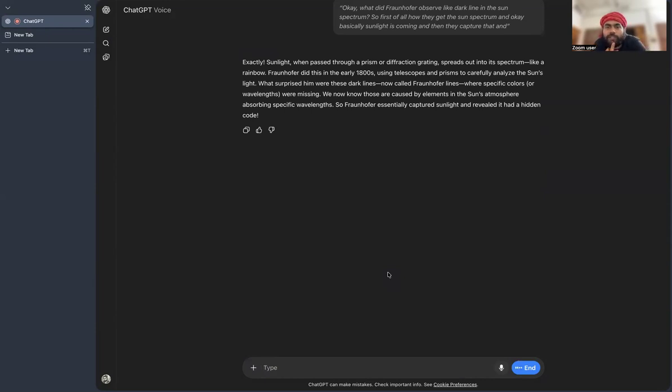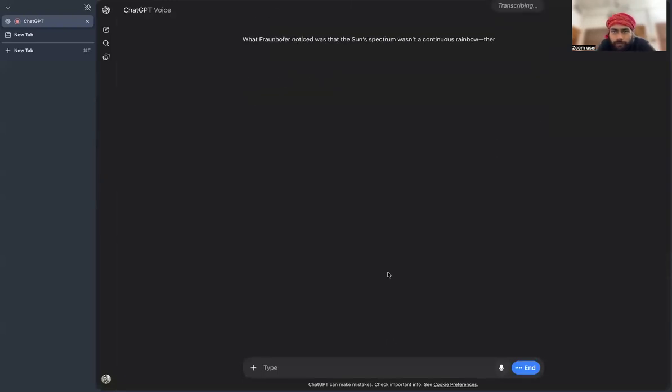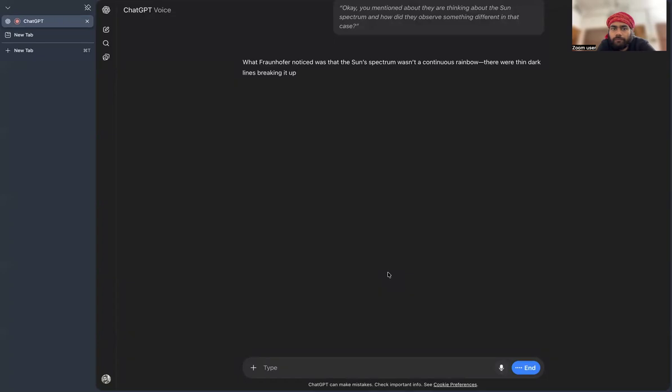Okay, you mentioned they were thinking about the sun spectrum, and how did they observe something different in that case? What Fraunhofer noticed was that the sun's spectrum wasn't a continuous rainbow. There were thin, dark lines breaking it up. These lines meant something was absorbing certain wavelengths before the light reached Earth.